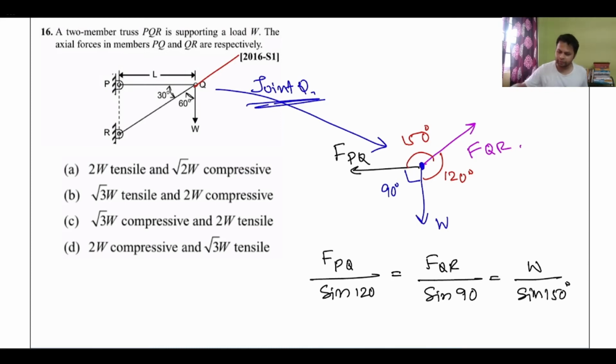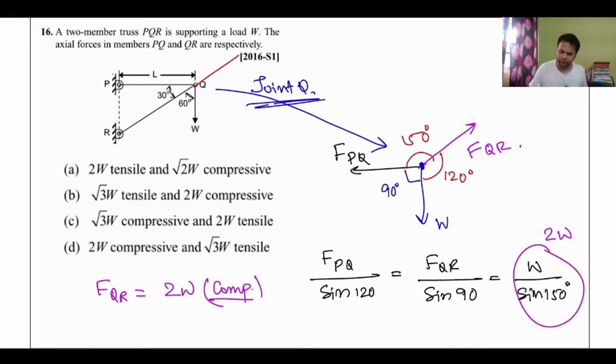So basically this term is 2W. Sine 90 is 1. From this equation we get FQR equal to 2W. And as I have said, it is compressive in nature.